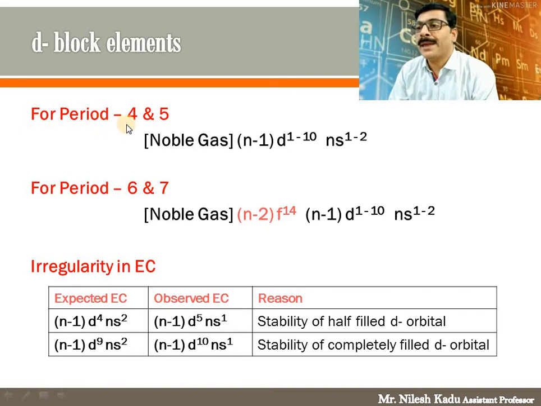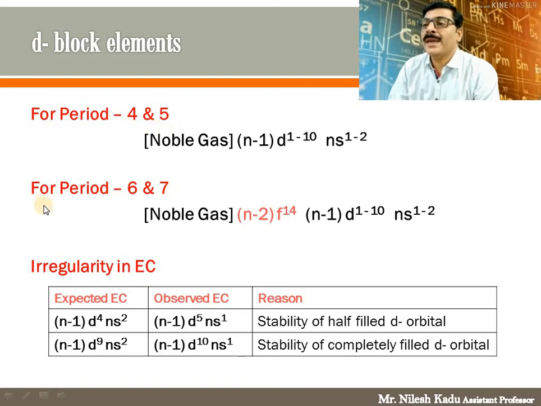For the 4th and 5th period, the general valence shell electronic configuration is noble gas, then (n-1)d1 to 10, meaning the d orbital contains 1 or 2 or 3 up to 10 electrons that you have to fill, and then ns1 to 2. This is the general valence shell electronic configuration for the 4th and 5th period.